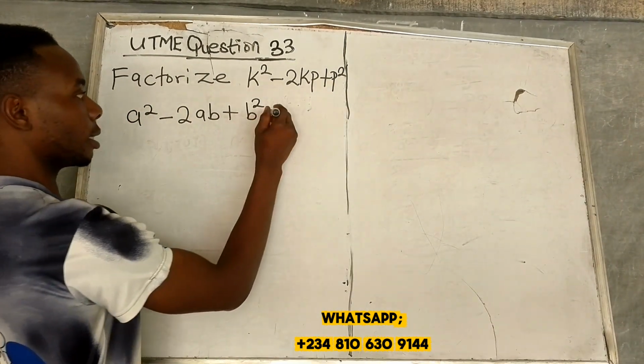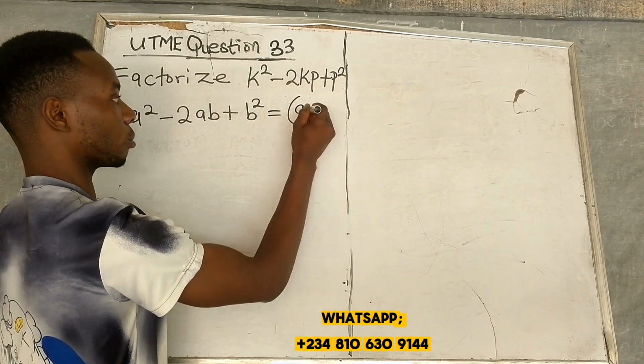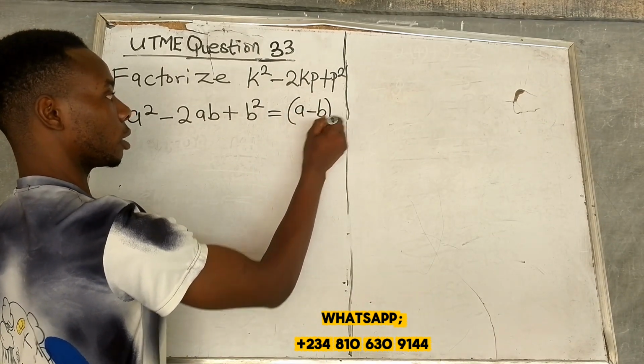So this is still equal to this. We'll call it a perfect square, which is equal to a minus b all squared.